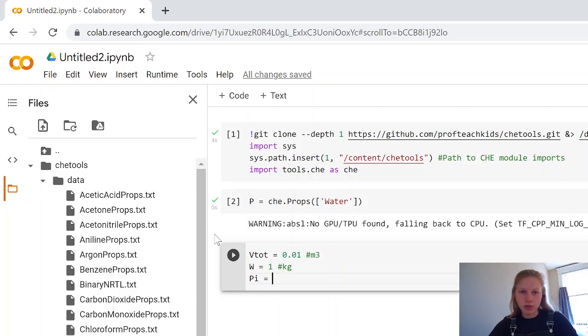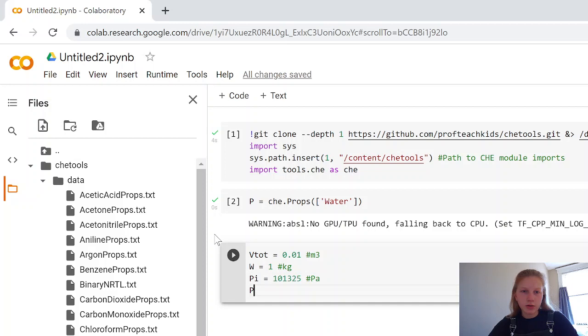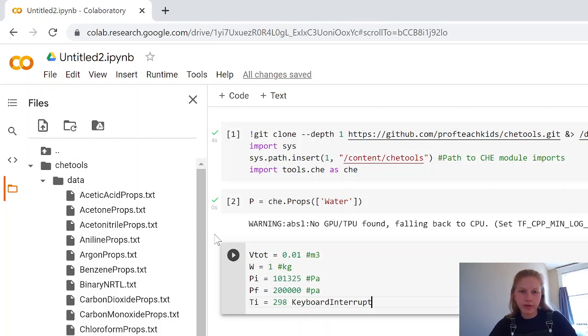The initial pressure was 1 atmospheric pressure. We're going to use pascals. The final pressure that we want is 200,000 pascals, and our initial temperature is 298 Kelvin, and then we, what is that? Oh, I forgot.